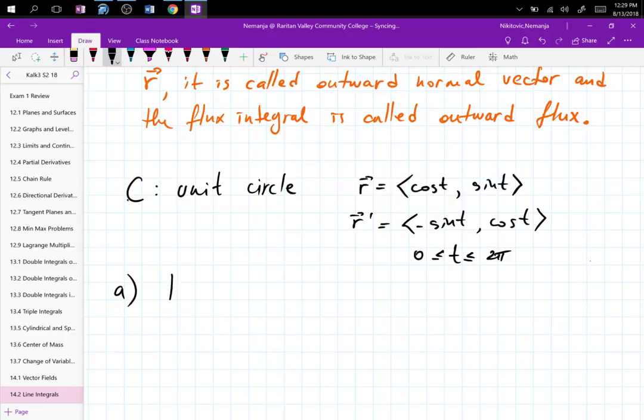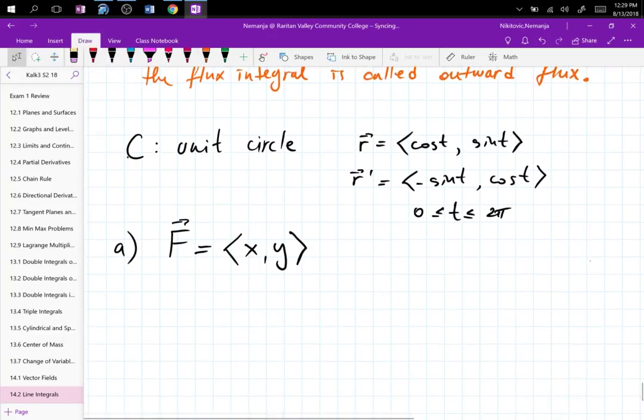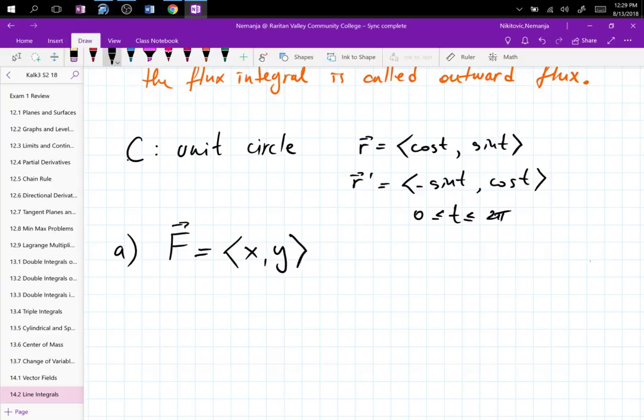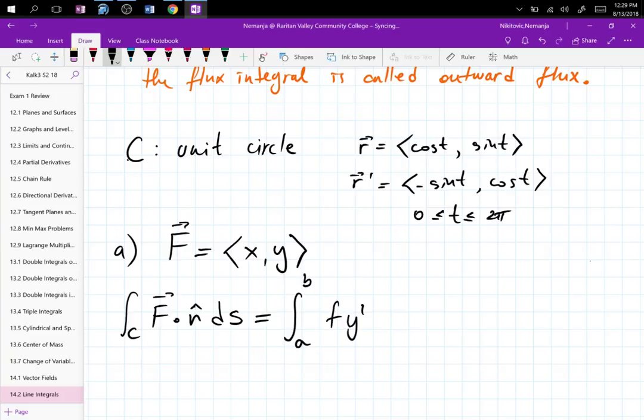Part A, our vector field is going to be, okay, which one is this? Radial or rotational? Radial, thank you. So this is radial, and we have the flux integral. The integral from a to b of f y prime minus g x prime dt.